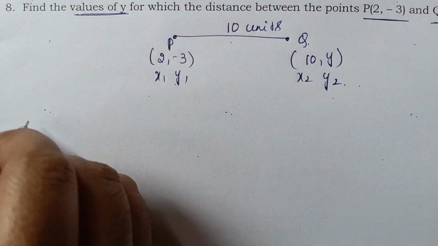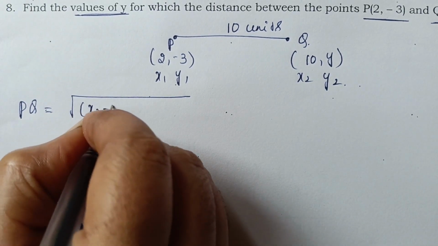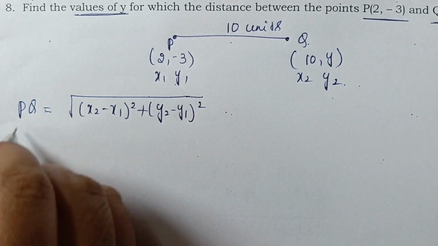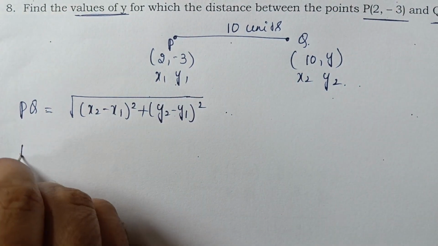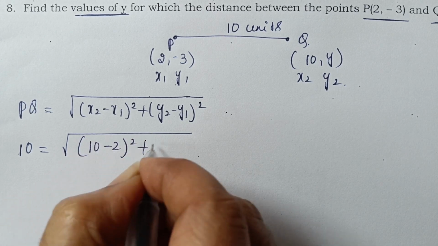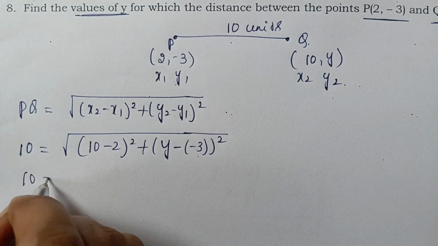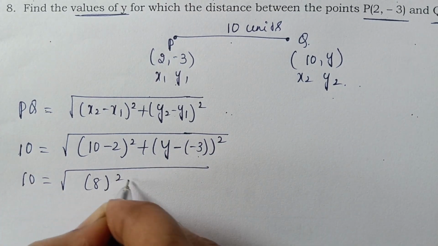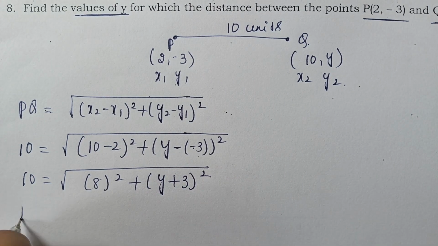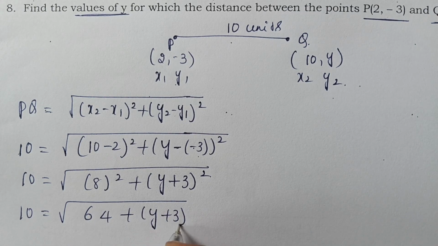Fine. Okay, so now by distance formula, PQ is equal to square root of x2 minus x1 whole square plus y2 minus y1 whole square. PQ distance they have already said is 10. Write it down: x2 10 minus 2 whole square, y2 y minus of minus 3 whole square. Then 10 is equal to square root of 10 minus 2, 8 square, which is 64, plus y plus 3 whole square.